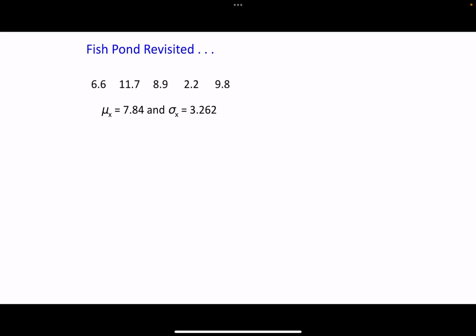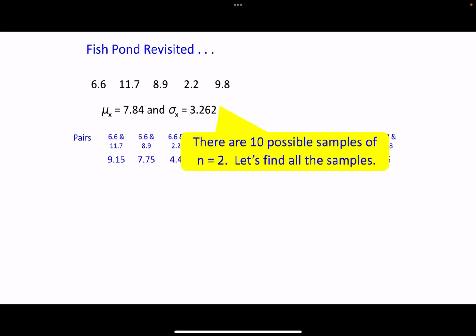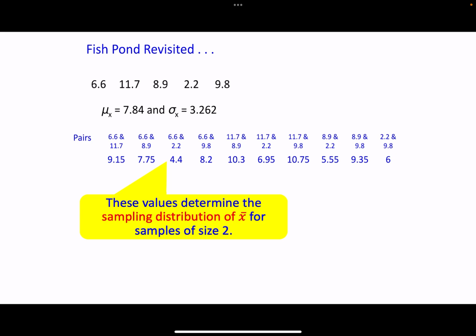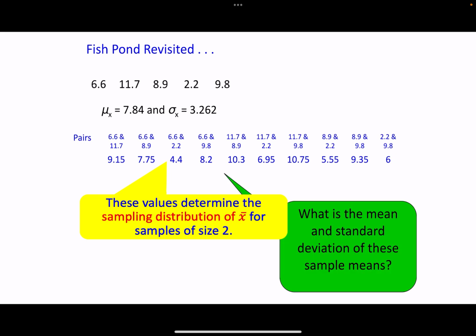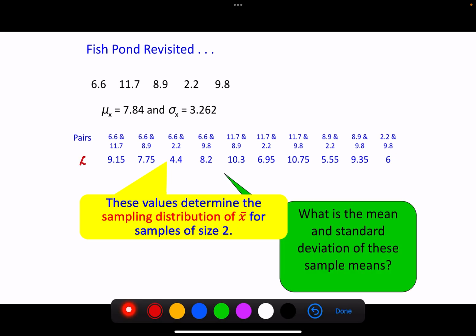Now, from that same thought, we are going to list 10 possible samples with n of 2. In other words, we're going to get 2 fish per pair. So here are all the pairs. And this is your mean for those.